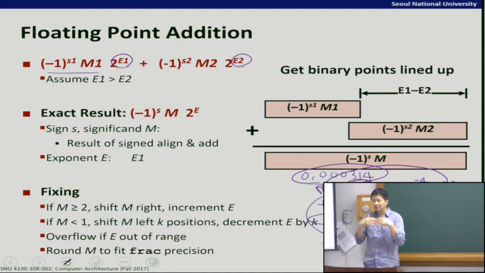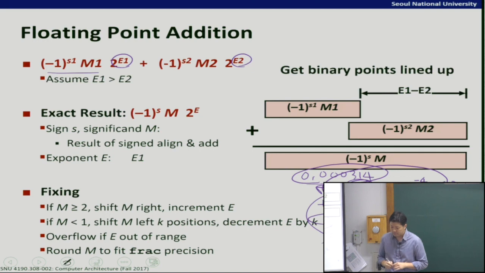That's a kind of normalization. We normalize the value to follow the original format. And overflow and rounding are the same as before. Overflow may happen as a result of addition, or rounding may be necessary as a result of addition, right? So this applies the same as the previous one.